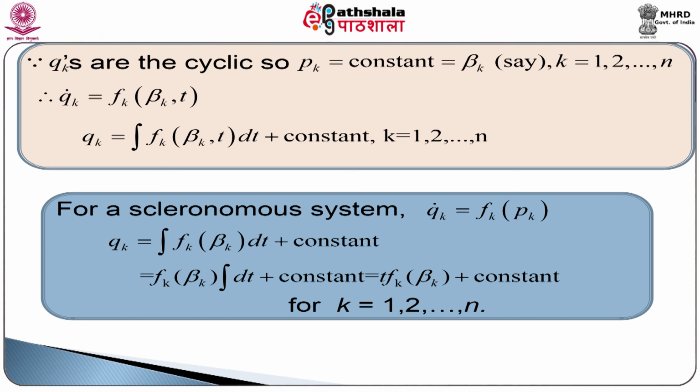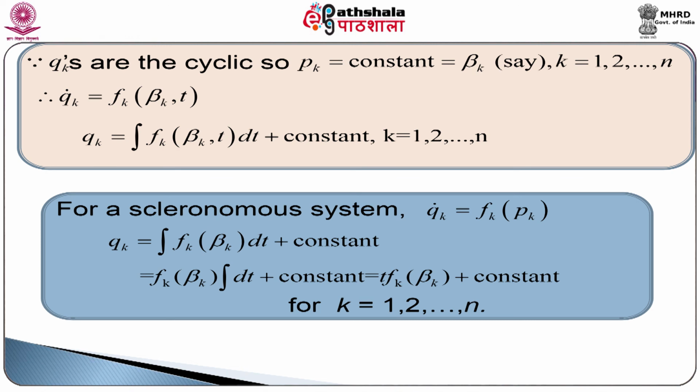This on integration gives qk equal to integration of fk function of beta k dt plus constant. Here also we have used the result that generalized momenta pk equal to constant equal to beta k. Therefore, qk equal to integration of fk function of beta k dt plus constant.